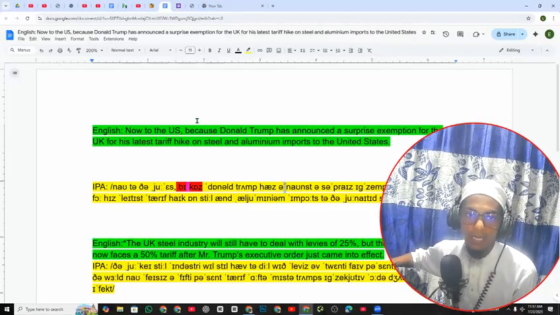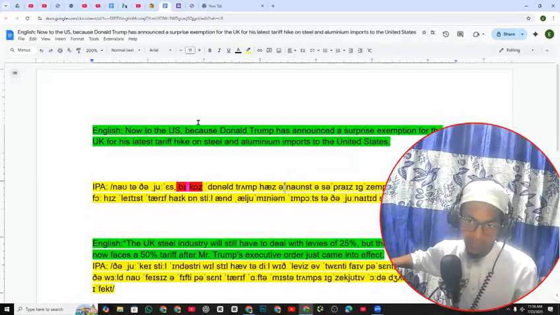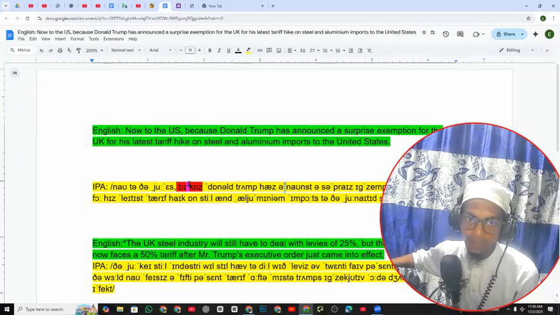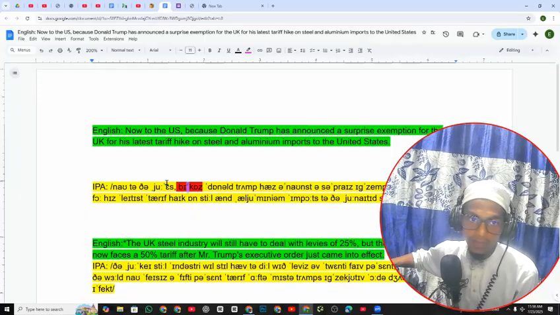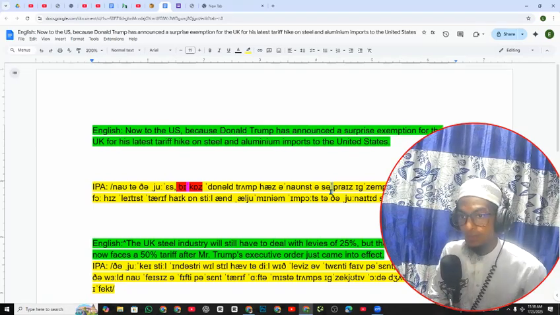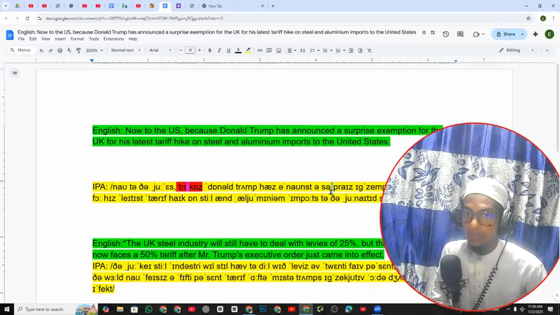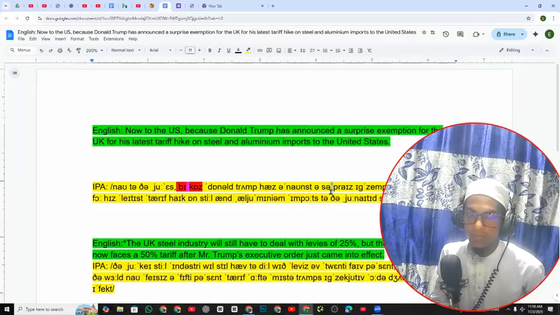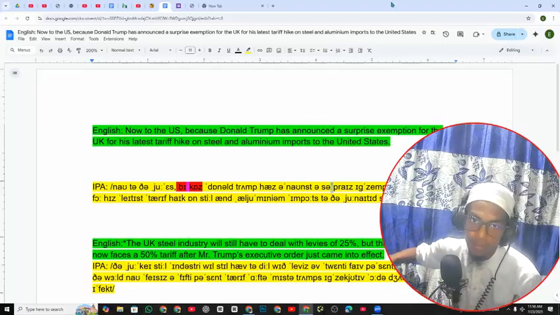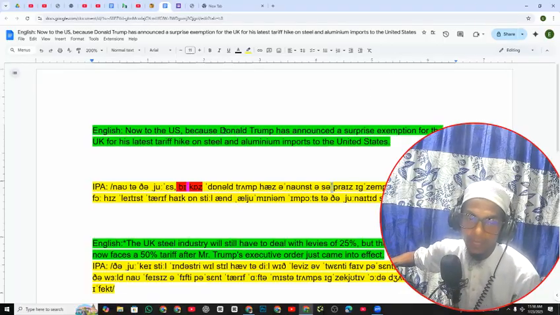Suppose "because" and "Donald" and "announced". When you get this kind of sign above any letter or word, it means it's a stressed syllable, and you need to give more pressure. So it will be "because Donald Trump has".